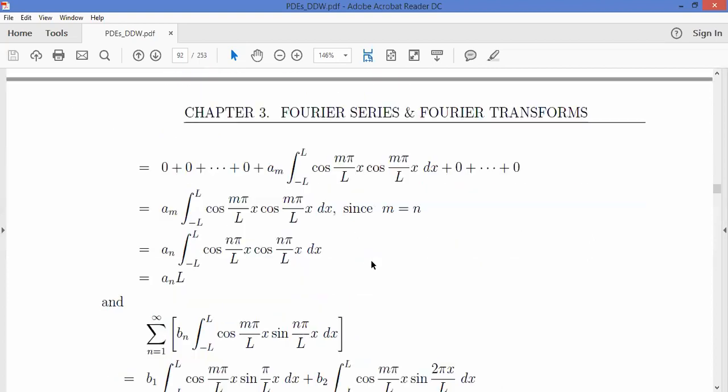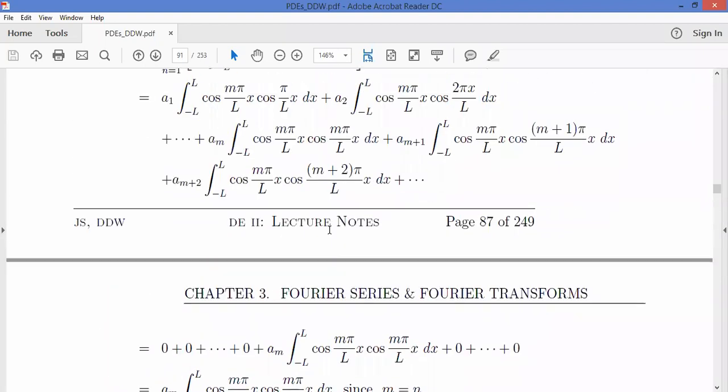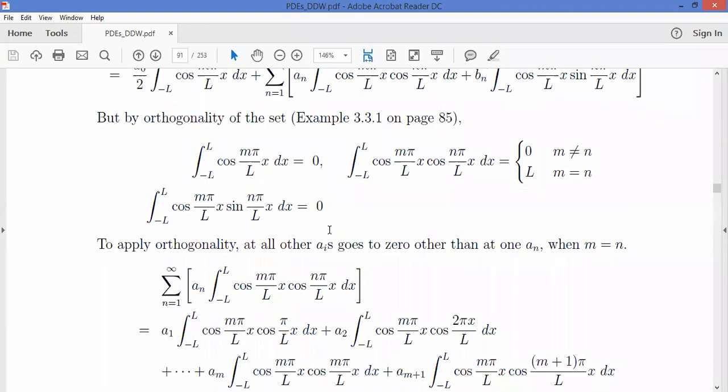Where are we getting the L? An L is established here, and it is this that we are equating to.